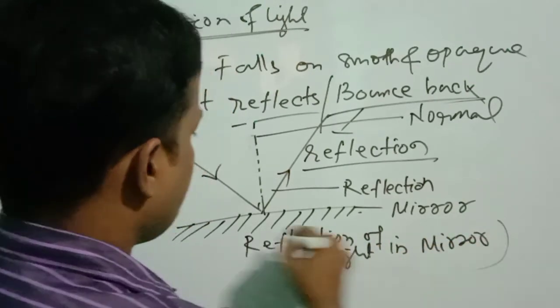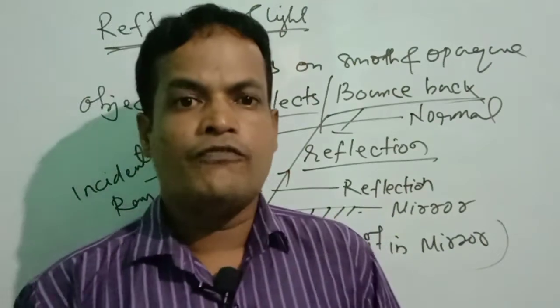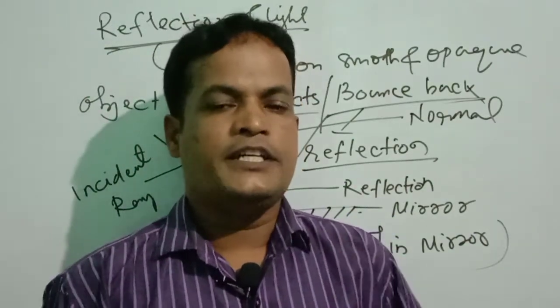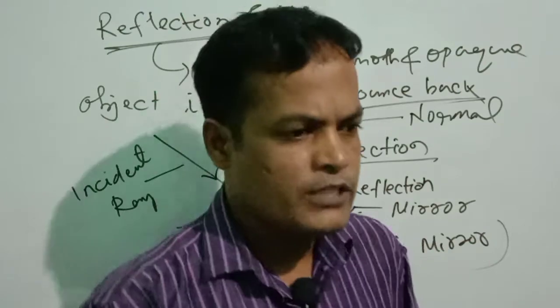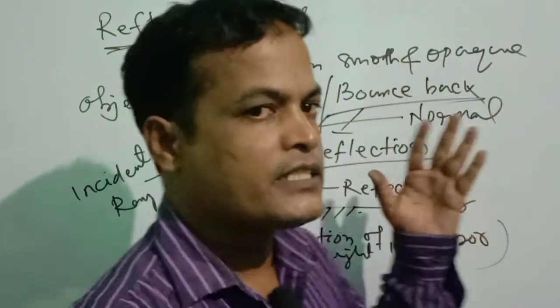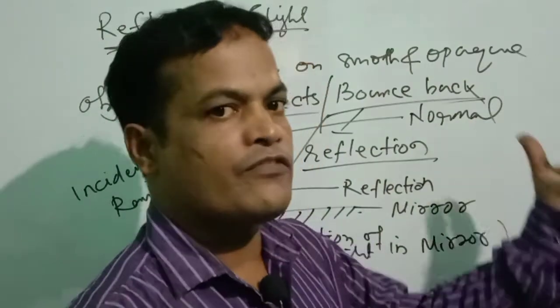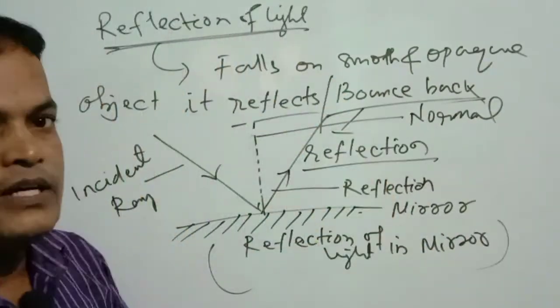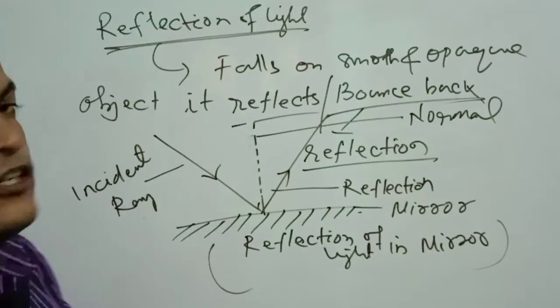Okay children, the phenomenon of bouncing back of light is called reflection. Reflection takes place only when a smooth and opaque object comes in the path of light. So this is called reflection of light.